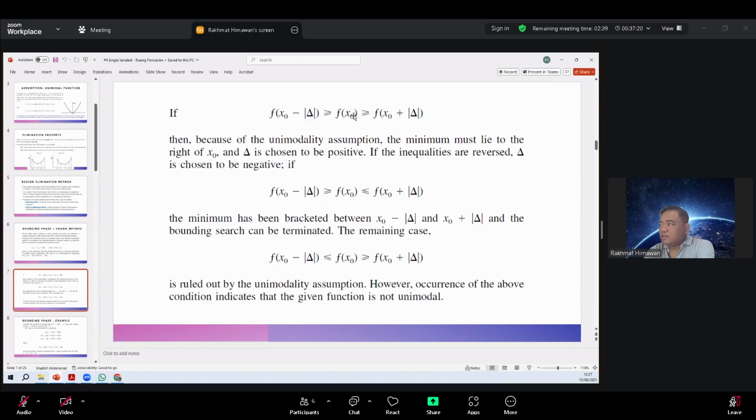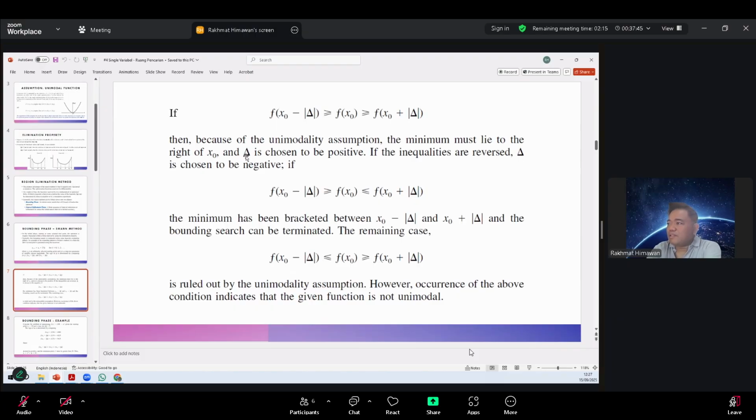And f(x0) is still greater than f(x0 plus delta), sigma, because of the assumption we want to find the minimum, right? So the minimum must lie to the right of x0. So the minimum should be from f(x0) to the right, not to the left.